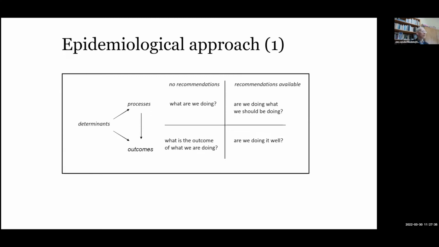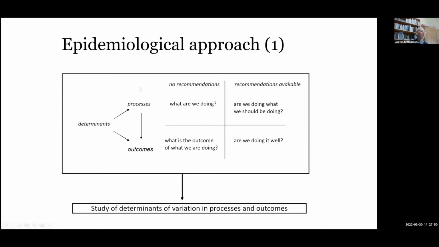And I also like to understand why people with the same health problem and who get the same treatment get different outcomes. So it's all about understanding the determinants of variation in process and outcome. And that is, I think, a very key element of my talk today.